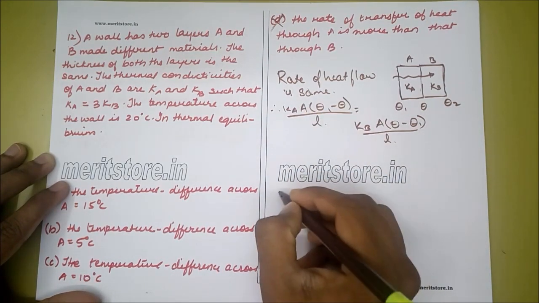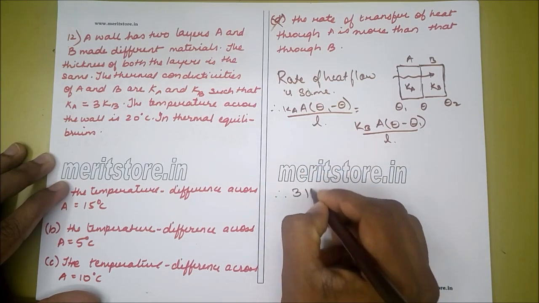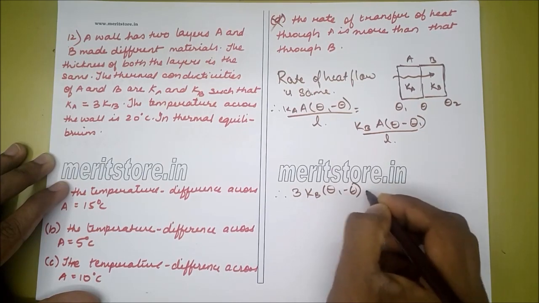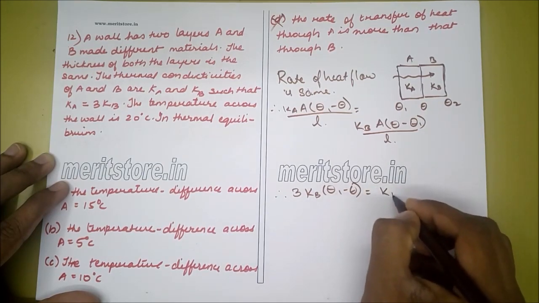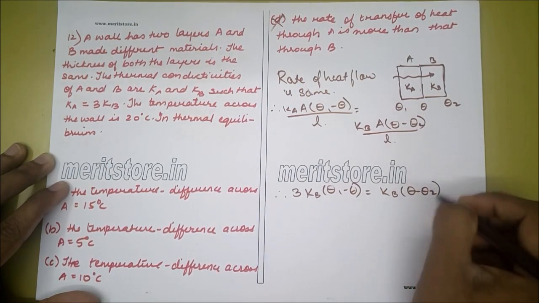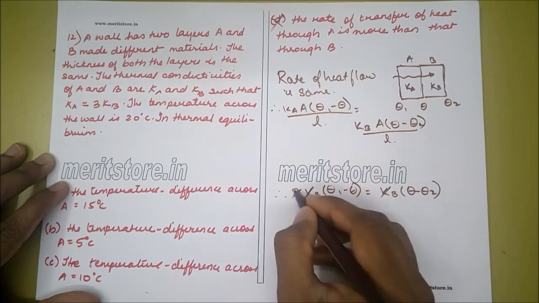So instead of Ka, let's put 3 times Kb. So 3 Kb times theta 1 minus theta is equal to Kb times theta minus theta 2. So these get cancelled out.